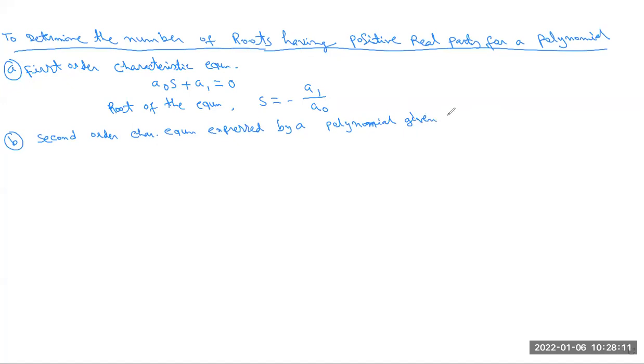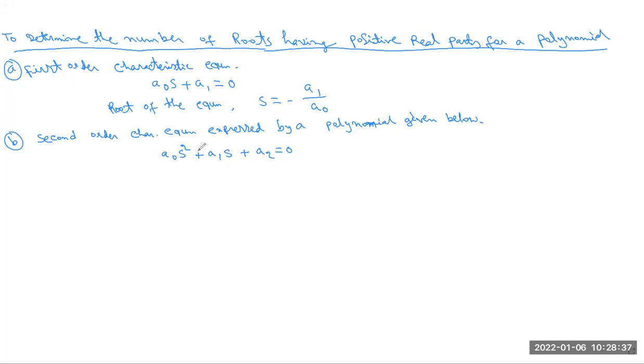So the equation is a0s squared plus a1s plus a2 equals 0. Okay. So all of you have seen this equation. This is basically a second order characteristic equation.